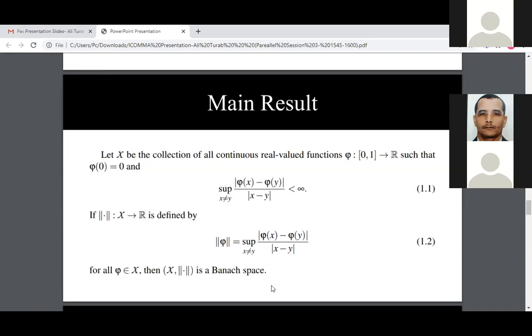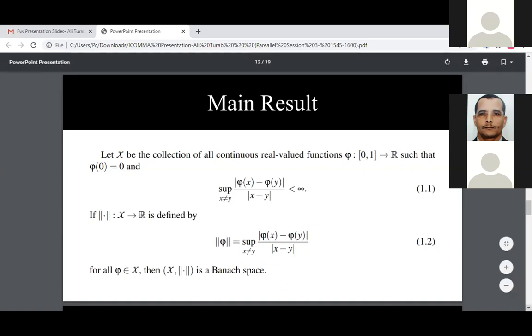Let X be the collection of all continuous real-valued functions from 0, 1 to R, such that phi of 0 equals 0 and condition 1.1 holds. We define a norm on such functions in 1.2. Then our space with such a norm is a Banach space.